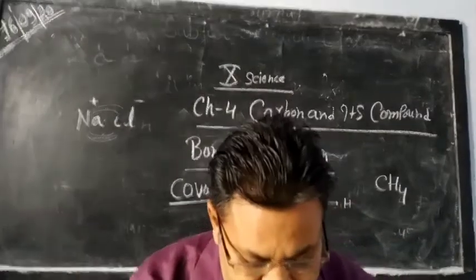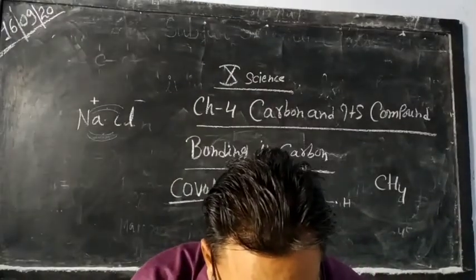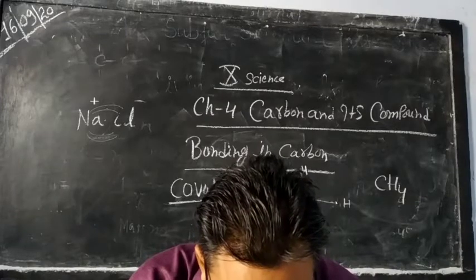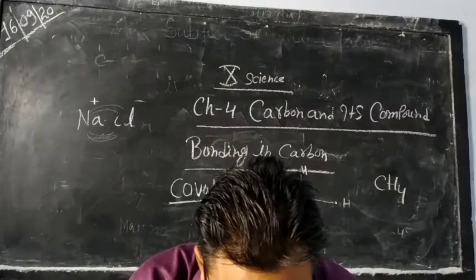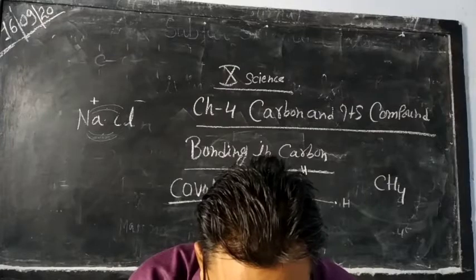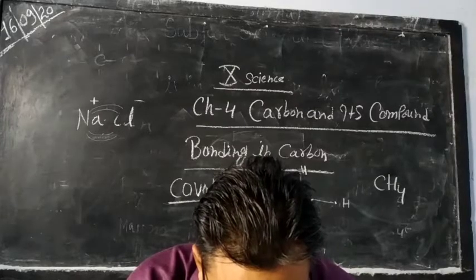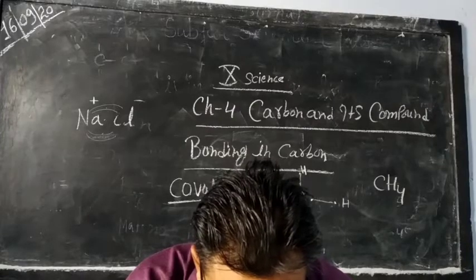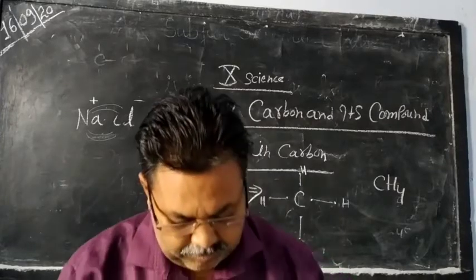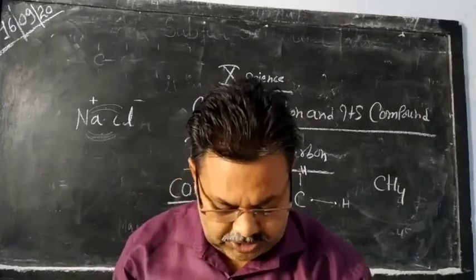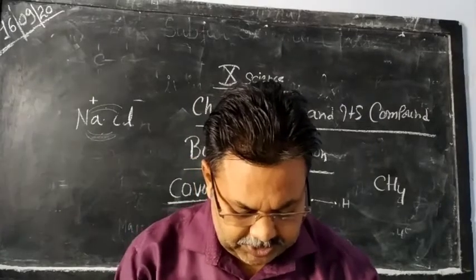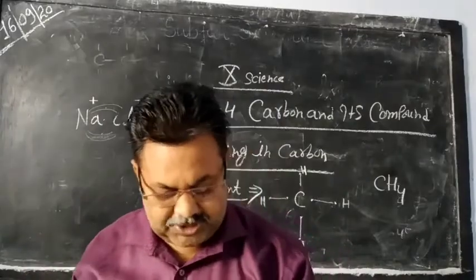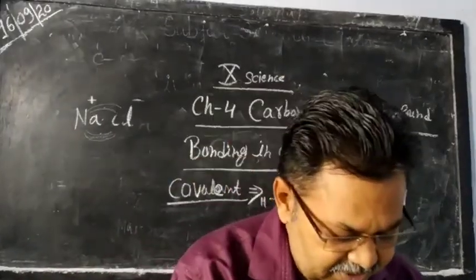Now the next topic is that carbon shows formation of long chain compounds, and this property of carbon is known as catenation. We have discussed this property previously.